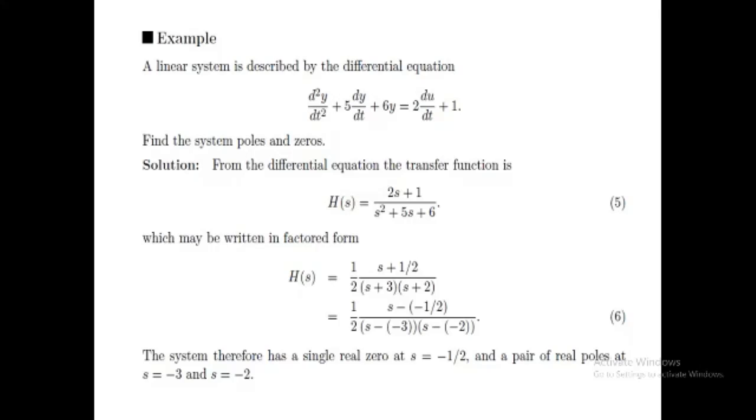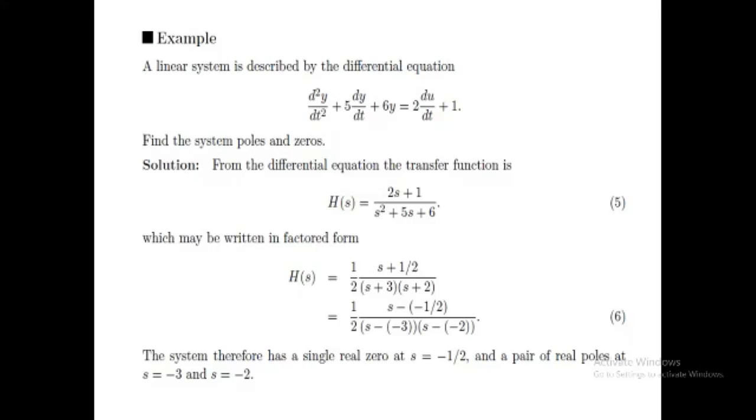Now what is in the denominator? Yes, there is a second order derivative, which means it is s square, but there is an absence of any coefficient. So it is s square plus 5s plus 6y, where y is considered as 1, so 6 into 1 is 6.